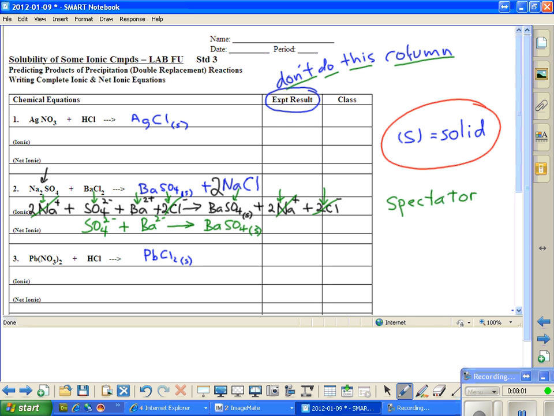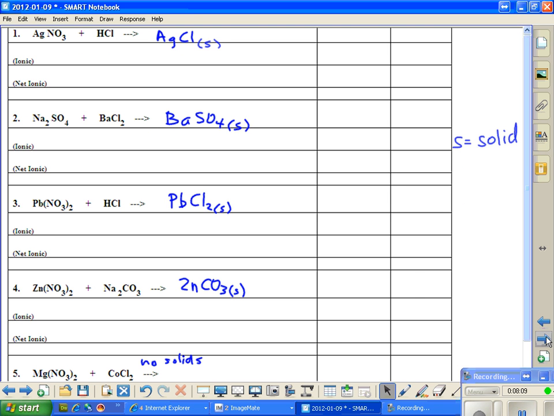That is how that works, but you're also going to need to know some information, because we haven't worked with the solubility chart yet, and you won't know unless you have it shown to you that silver chloride, see the first guy up here? This guy is a solid. This guy is a solid. This guy is a solid. This guy is a solid.